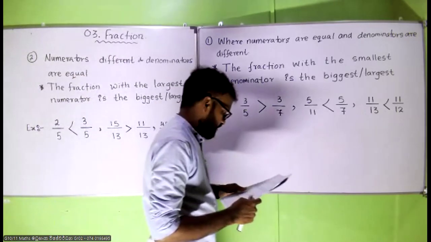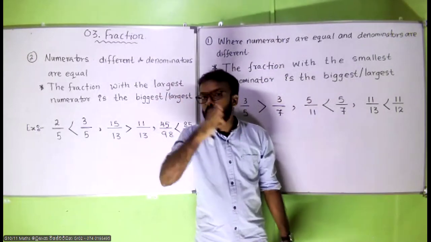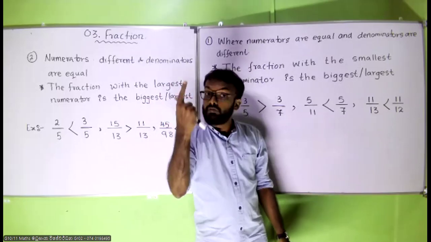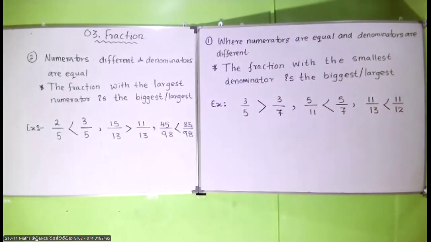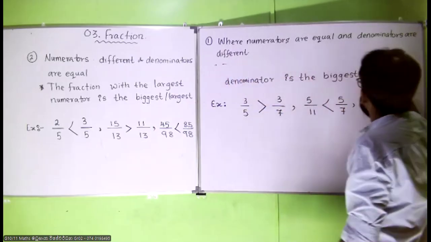So the next case is where both the numerator and the denominator are different. That is the third case.